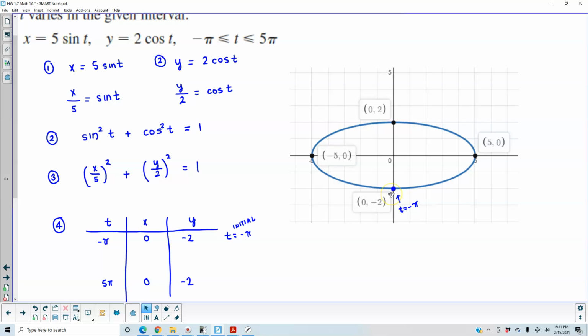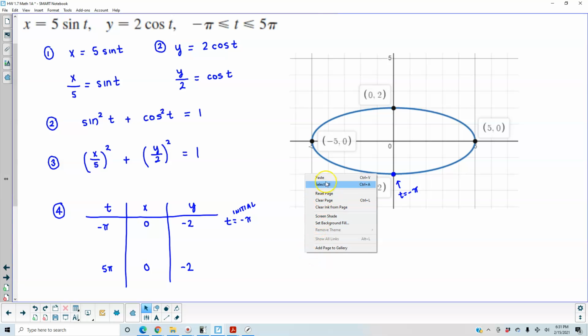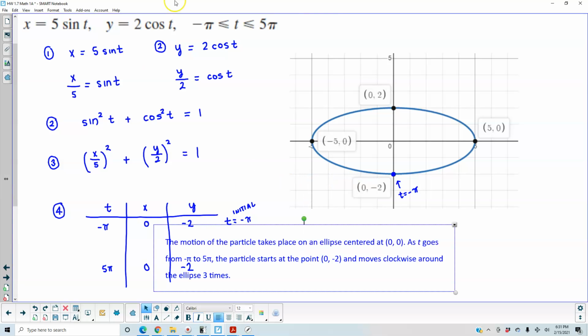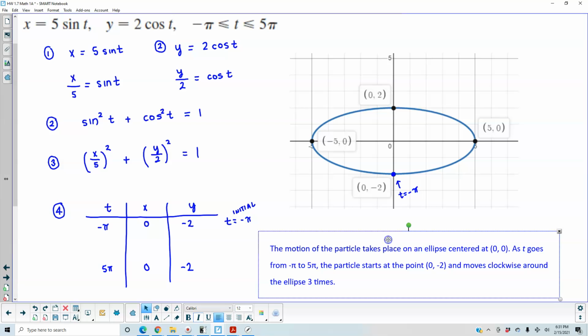So we end up back here. So what does that tell us? Well, what that tells us is that the motion of the particle takes place on an ellipse centered at 0, 0, because that's where the ellipse is centered.